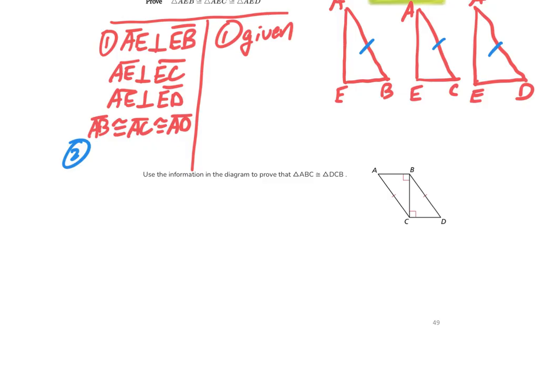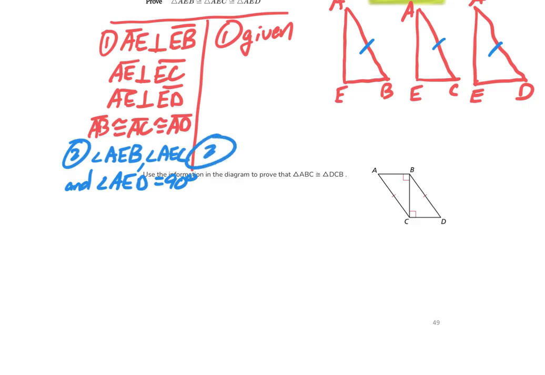So we're going to say angle AEB, angle AEC, and angle AED all equal 90 degrees. Okay, what's my reasoning? Definition of perpendicular. We know what it means to be perpendicular because of the definition of perpendicular.